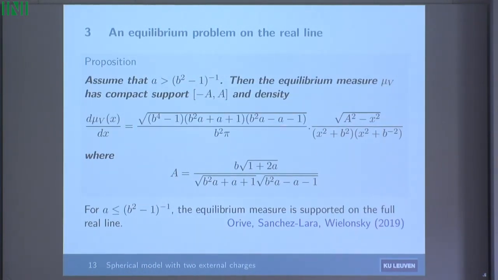This is just an explicit constant, and here is the square root factor that vanishes like a square root at both endpoints, and there's a rational denominator here, where you see the poles located at 4 points on the imaginary axis. Right? The poles here are, for this one, at plus or minus i b.